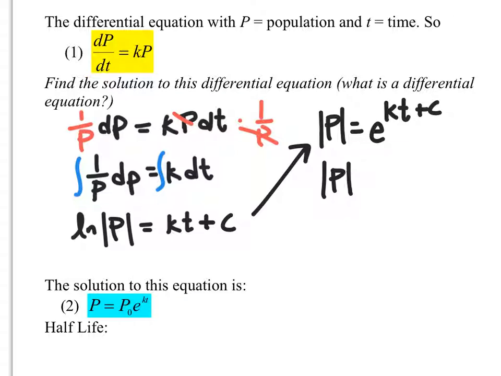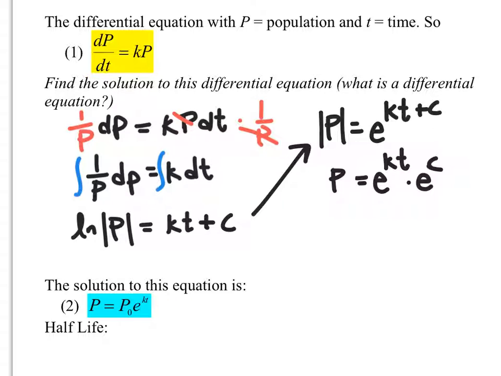Using properties of exponents, that would be e to the kt times e to the c. Alright, at this point I can drop the absolute values because population is positive. We're not worried about a negative population.